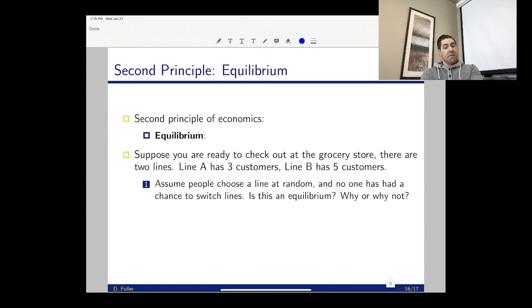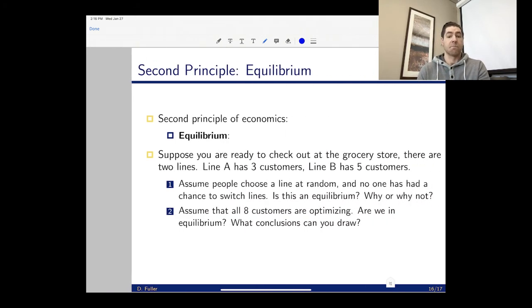Well, if everyone just randomly walked into a line, I'm going to be standing there, and I'm going to look at the other line, and if it looks like it's moving faster and mine is moving slower, I'm going to switch lines. So if I choose the lines at random, it's not going to be an equilibrium because I'm not optimizing, and therefore I may have the incentive to switch.